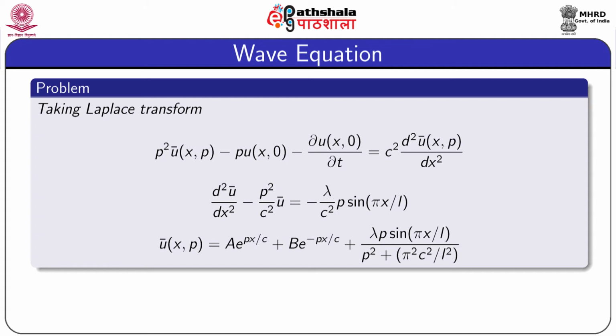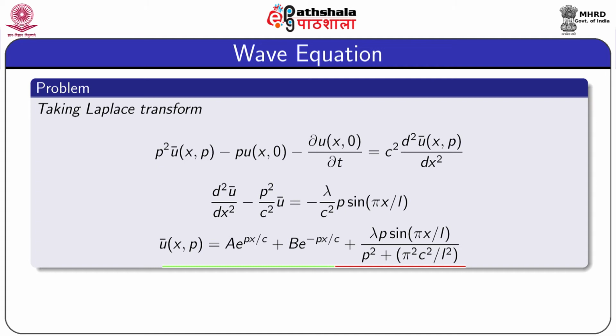So, the general solution of this problem is given by u bar equals complementary function plus particular integral. Now, the complementary function of the homogeneous part is given by A e to the power px by c plus B e to the power minus px by c, and the particular integral for this equation can be obtained easily.